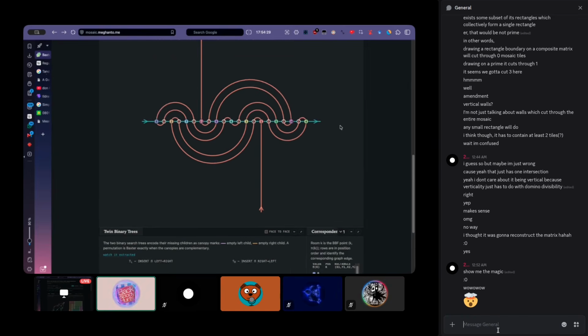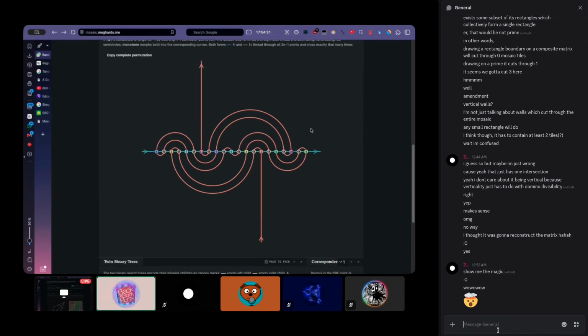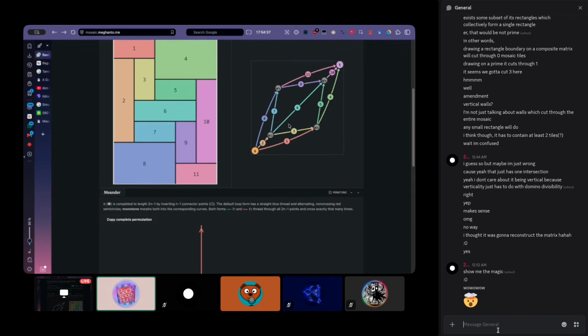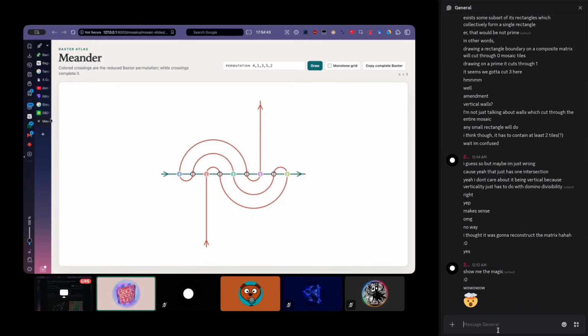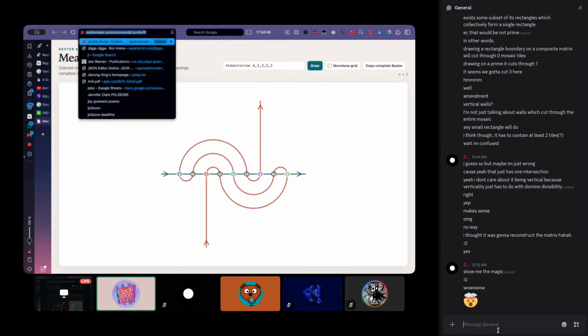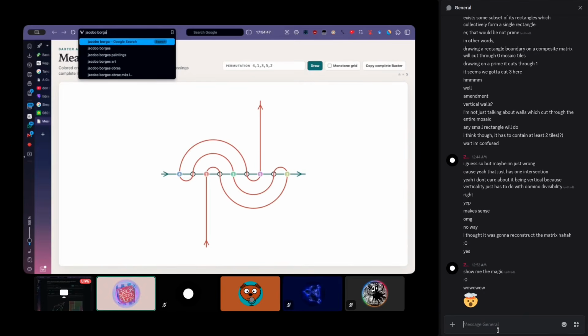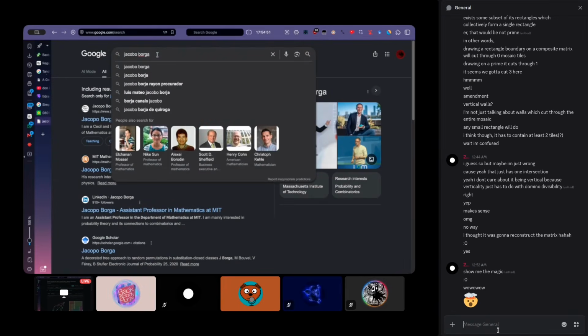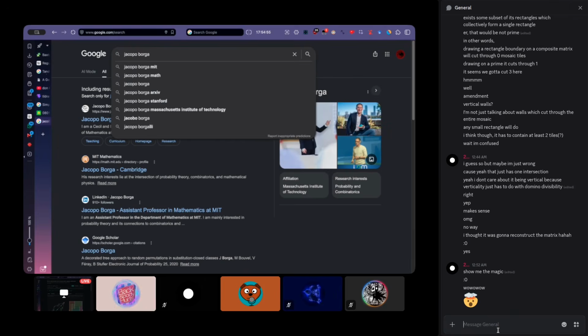I'm really glad that this exists, and if I could add more stuff to it, I would, because there are a lot more bijections to Baxter permutations. I'm just going to show Jacopo Borga, Baxter.